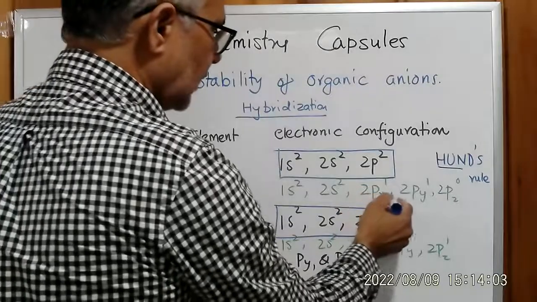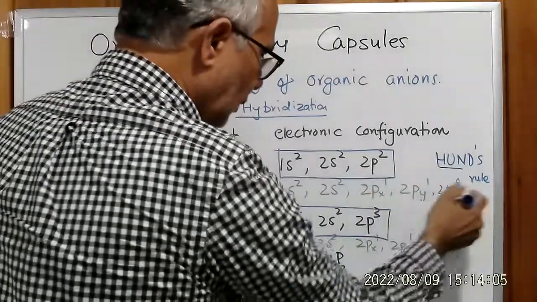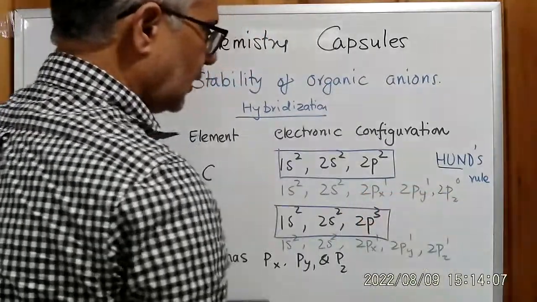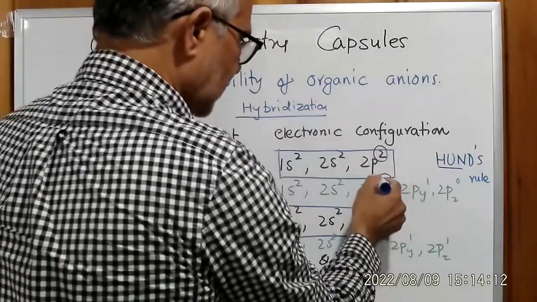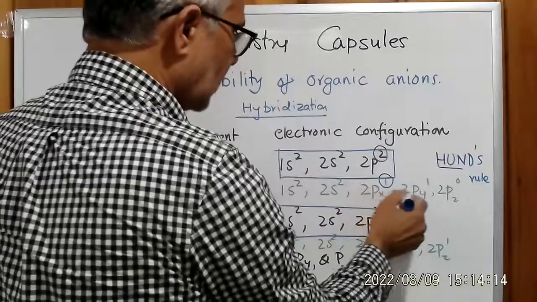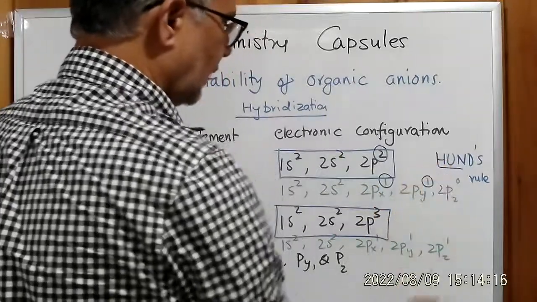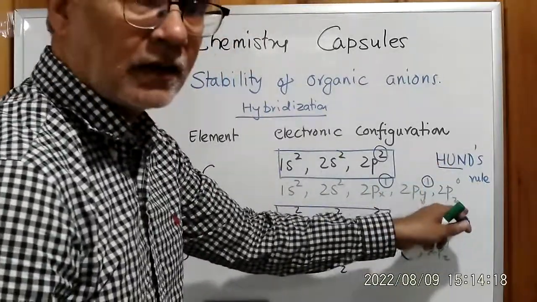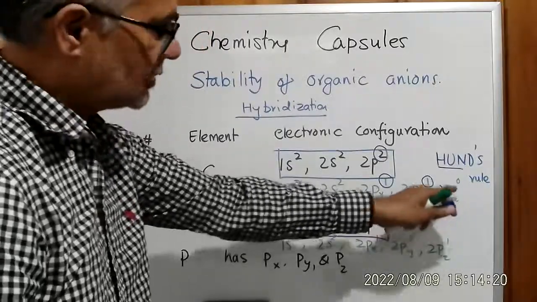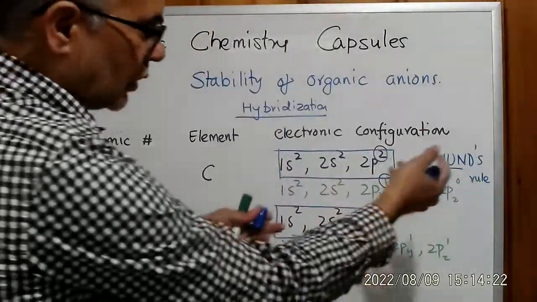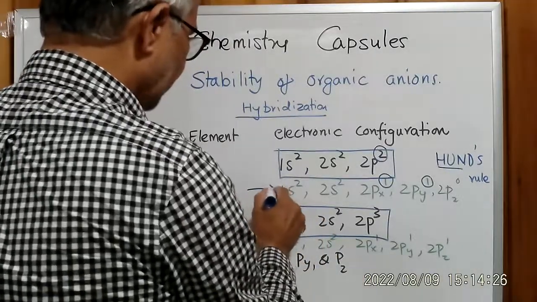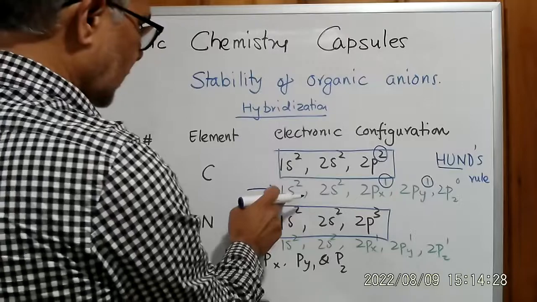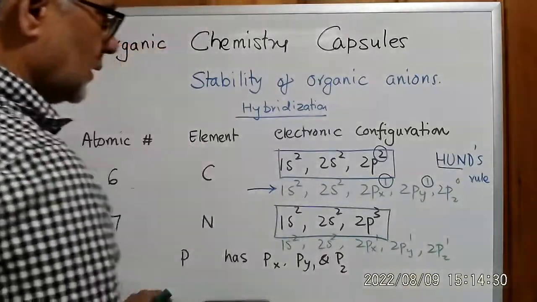So the first of these two electrons goes into the 2px, and the second electron goes into the 2py. And 2pz doesn't have any electrons. I just showed 0; we don't need to show that too. So this is the more refined electronic configuration of carbon, which follows Hund's rule.